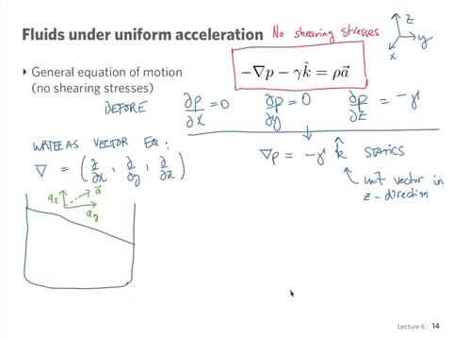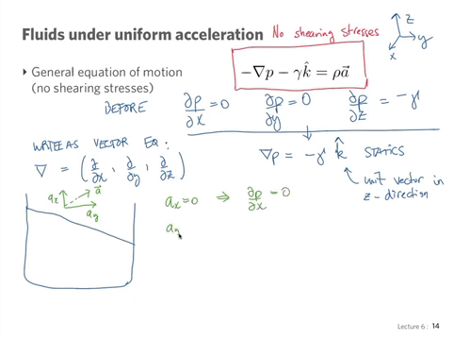So a_y, a_z, and the total vector of acceleration is there. In this situation, the braking action in your car, or in the tea you're holding in a cup, is like uniform acceleration in a certain direction. So this is what we're considering. We're considering a_x equal to 0, and so dP/dx equal to 0.